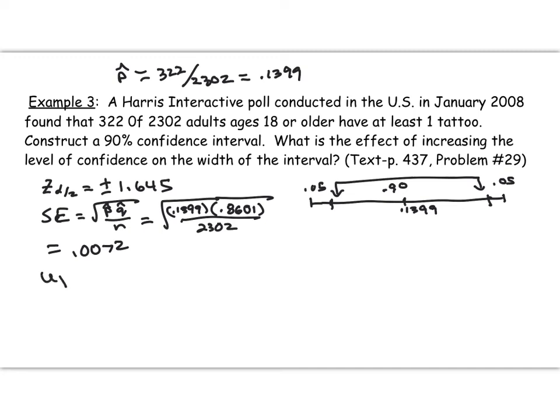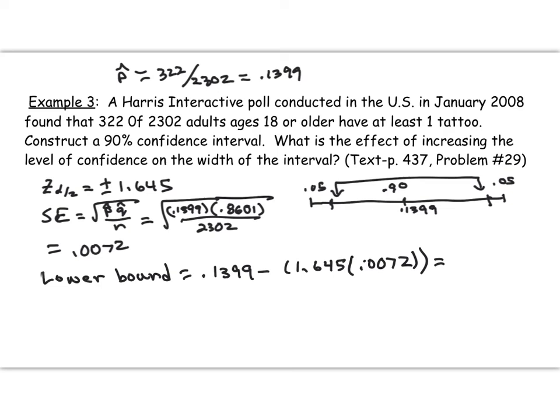All right, upper boundary. Oh, let's find the lower boundary first. I like to do things in order. So our point estimate is 0.1399 minus 1.645 times 0.0072 gives me 0.1517.